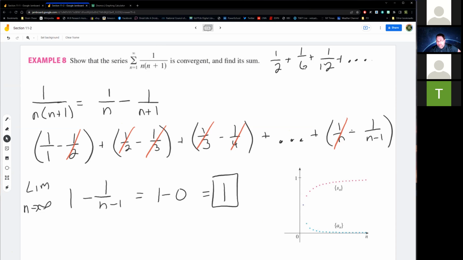As those values are getting, so that's the 1/2, the 1/6, the 1/12, they're getting closer and closer to 0. Right?